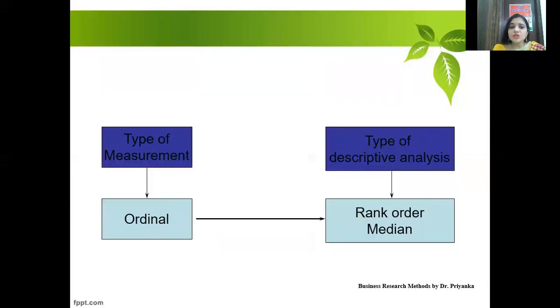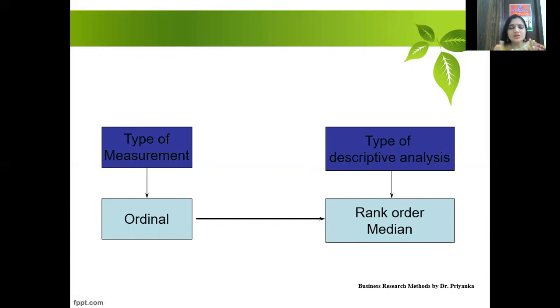Then the type of measurement is ordinal. Ordinal means you have ranked the data. You have chosen preferences. You have chosen a product over the other. Then the type of descriptive analysis over here would be either rank order, as the name suggests, ordinal, or the median. In median, we do almost the same thing as in rank order.